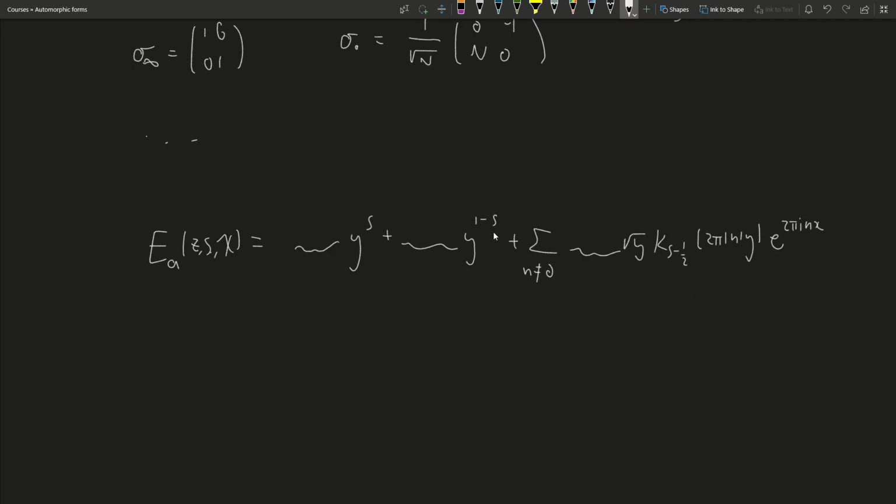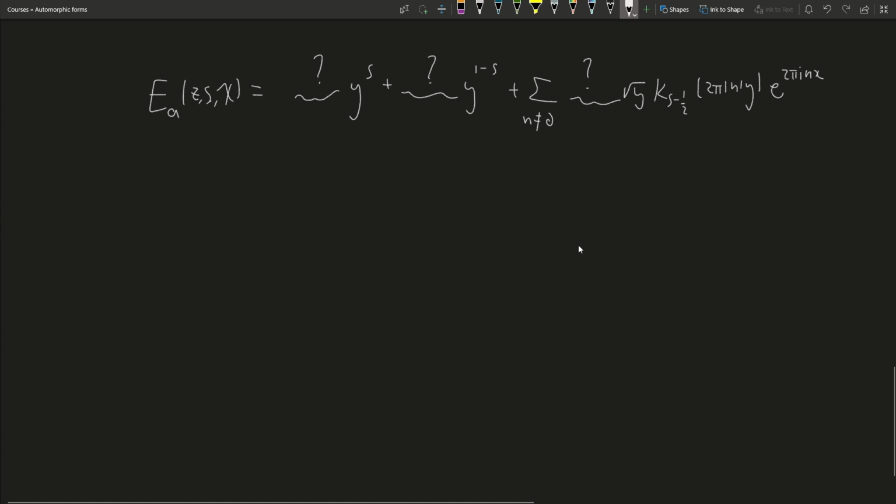This K Bessel function was also defined in the lecture on eigenfunctions of the Laplacian. And the question is, what are these quantities? There's the structure theorem that tells us that we're guaranteed to get something that looks like this, and we just need to fill in these gaps.